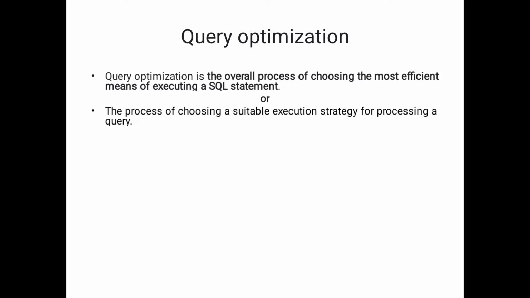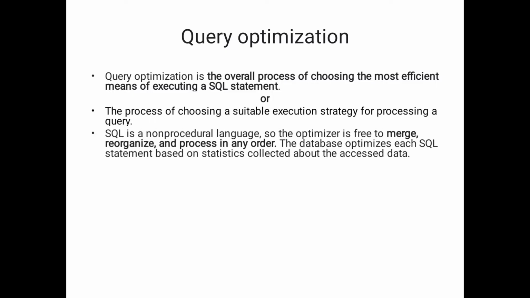Another definition of query optimization is the process of choosing a suitable execution strategy for processing the query. In the previous session we discussed query processing, how the query is processed and how we receive the result.